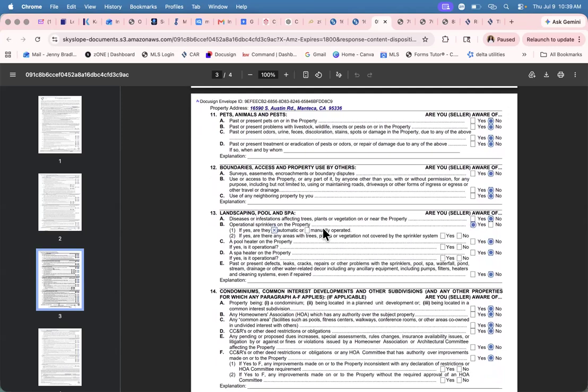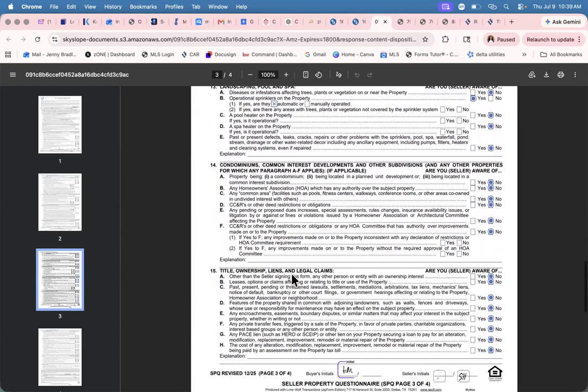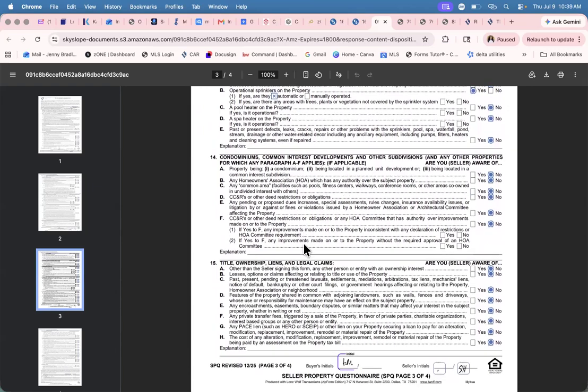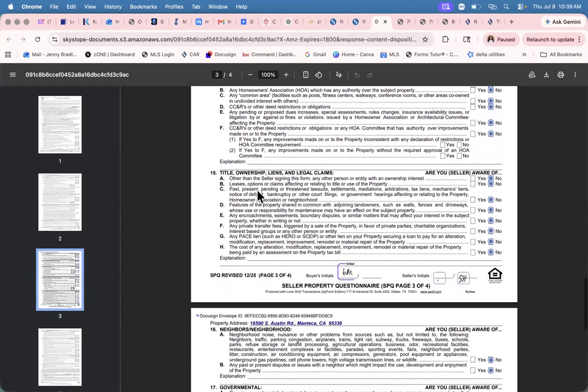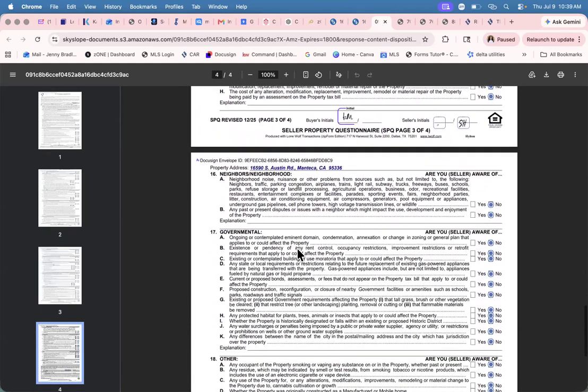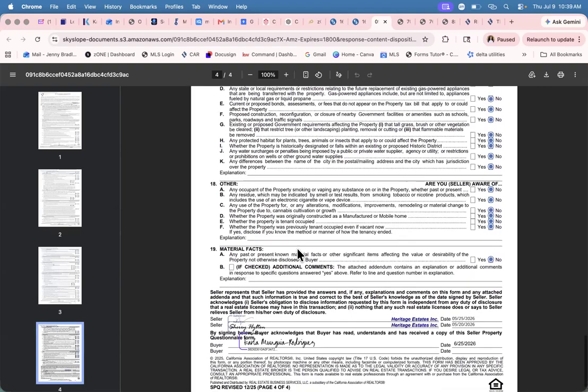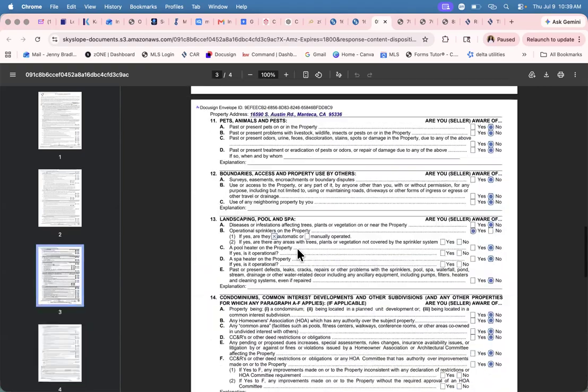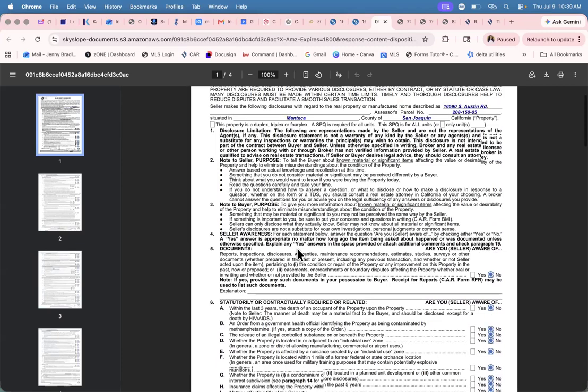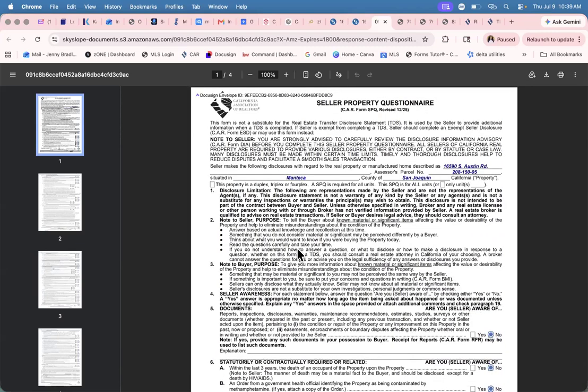Operational sprinklers on the property? Yes. If yes, are they automatic? Title, ownership, liens? No. So this is basically just a seller property questionnaire. Again, if they mark yes on anything, they have to give an explanation.